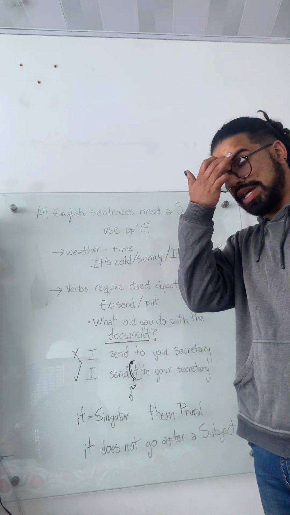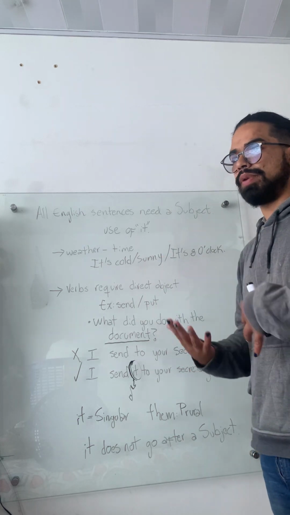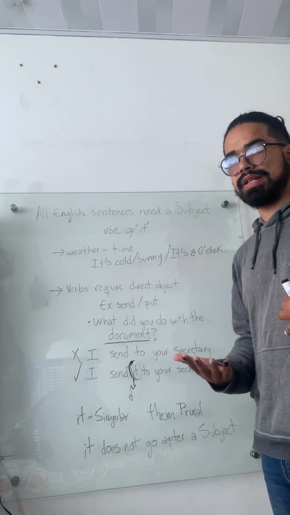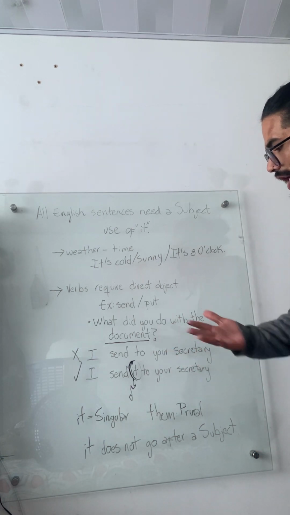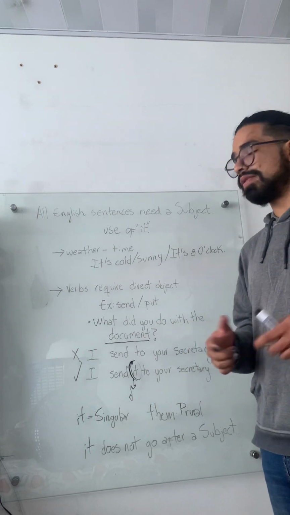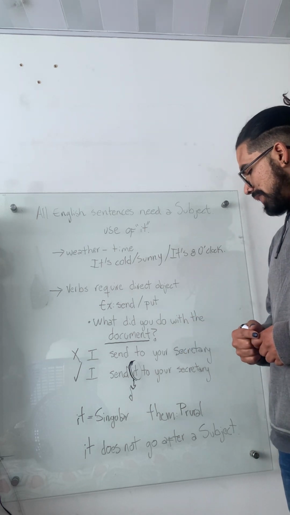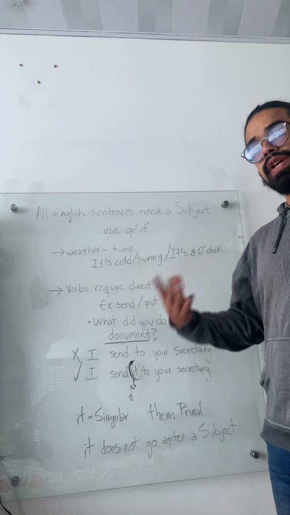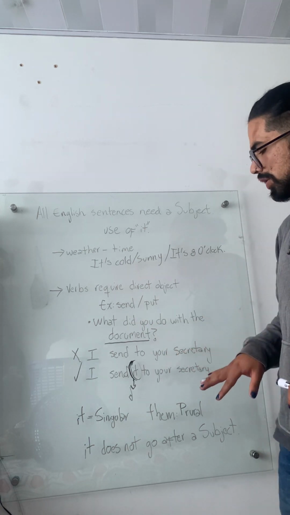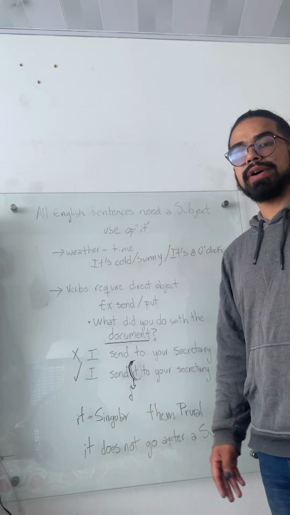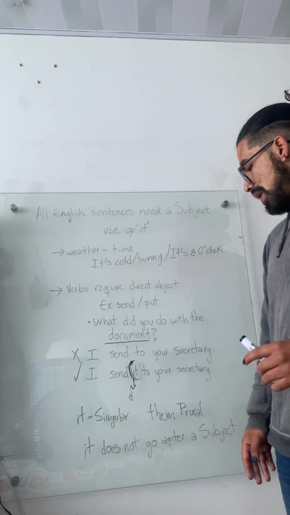We cannot say, "Please do not break the glasses, it is fragile," right? We gotta change "it" for "them." So, "Please take care of them. They are fragile." You are not using "it" because you are talking about multiple objects.